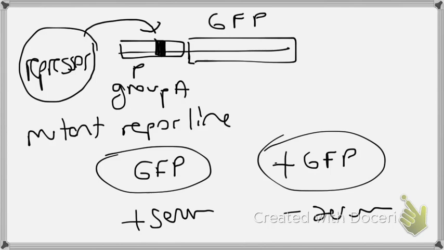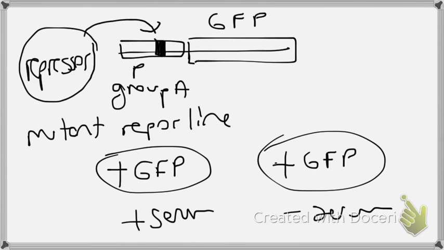And then when you mutate this repressor's binding site, what do you expect upon serum addition? It's going to be the same, because you lost that repression, right? And this is how you can test if a sequence is important for the repression of a gene.